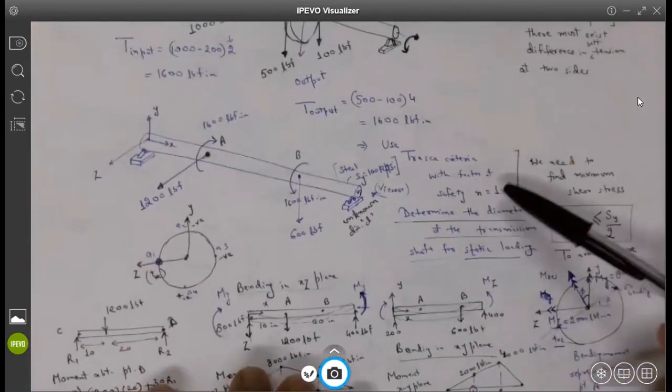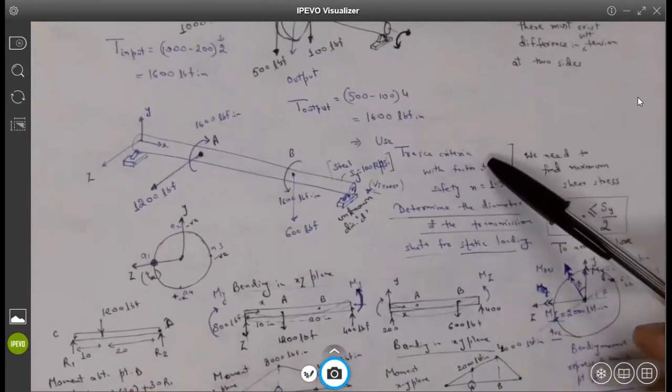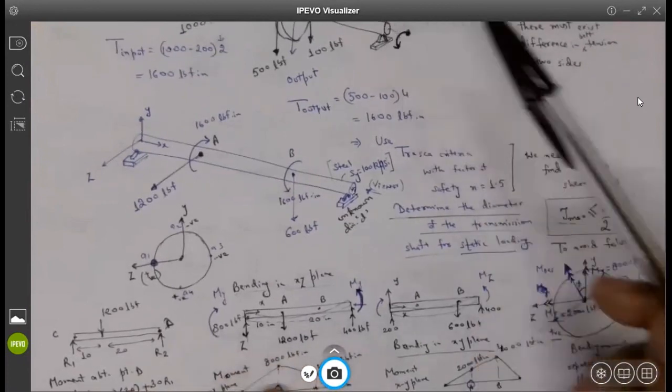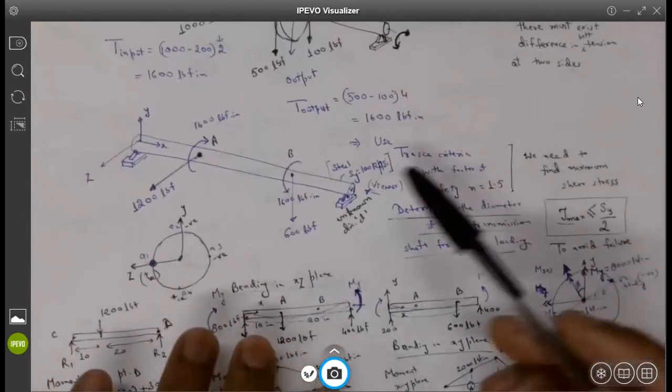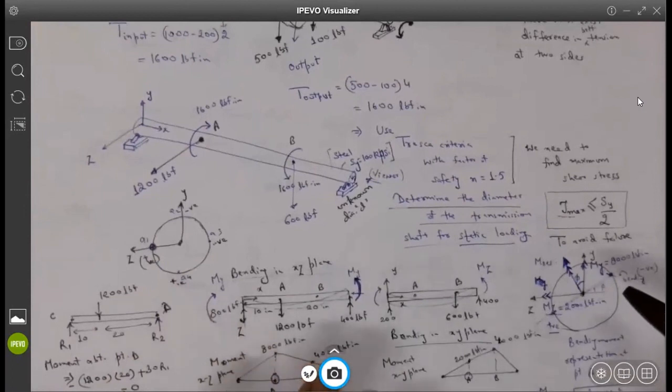I modified it by saying that we are going to solve for the unknown diameter using the Tresca criteria. That's what we learned. So that is the only modification I did. Otherwise, everything else, the bending moment diagrams and everything else, should be the same as the numerical examples there. So it will be easy for you to follow if you read it from the textbook.